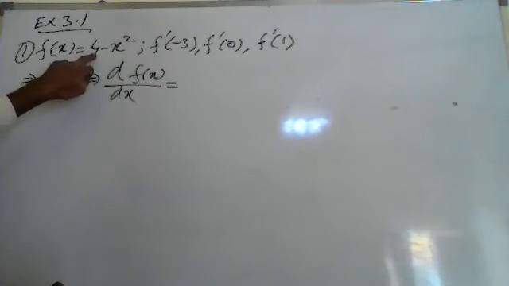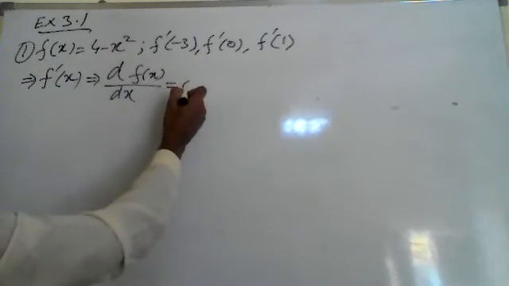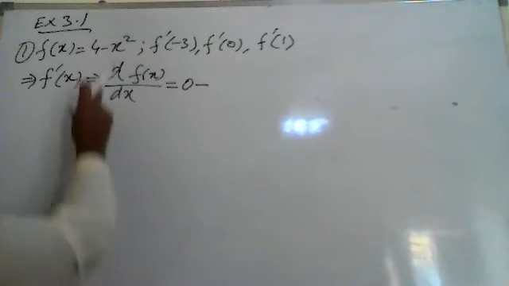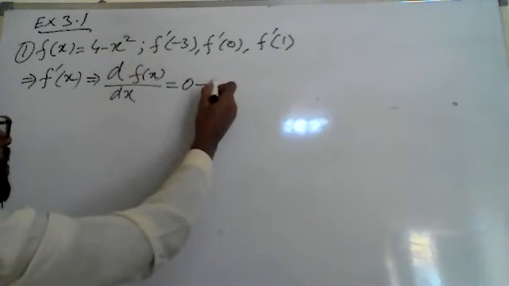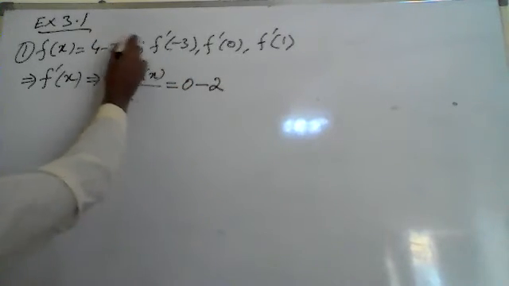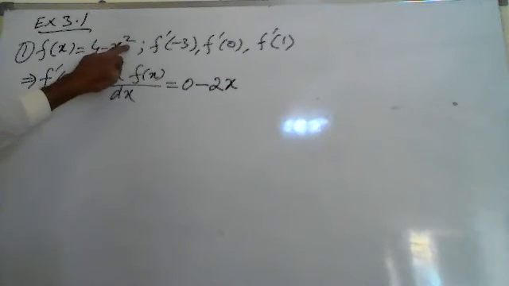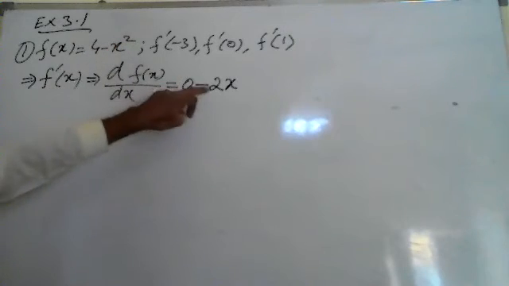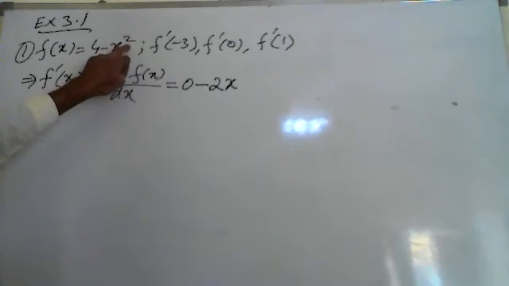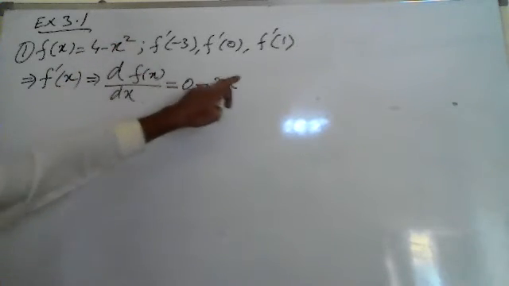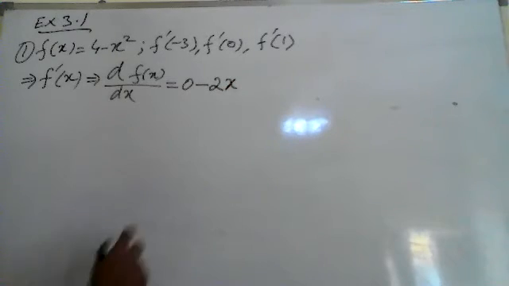The derivative of the constant will be 0, minus the derivative of x square, which will be 2 into x raised to power 2 minus 1, that is x. The 2 will come over there and 1 will be subtracted from the power 2. It will become power 1. So the answer is minus 2x.